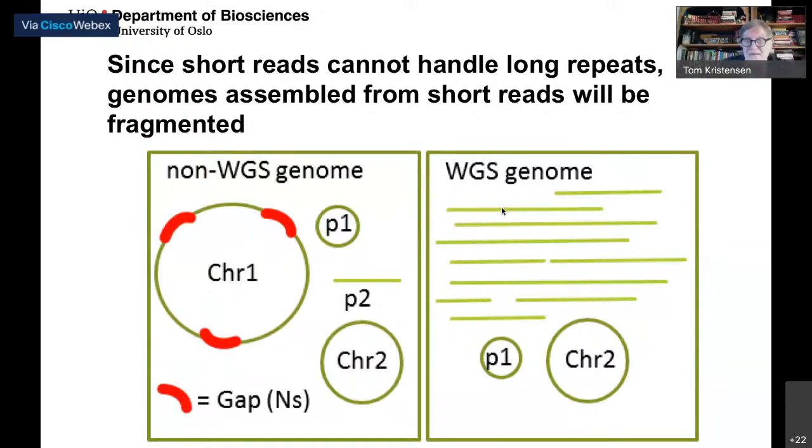In many cases, it's not really a problem, because what we are interested in is the complete sequence of the genome. And we have at least more or less the complete sequence of the genome in the assembly of contigs we have here. But in some cases, it certainly would be much better to have an intact genome like the one we have here.